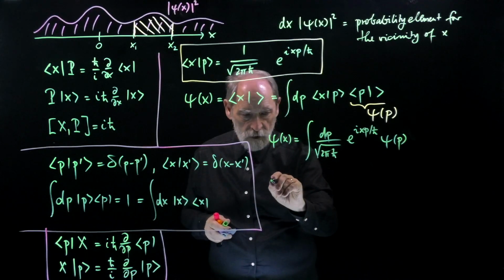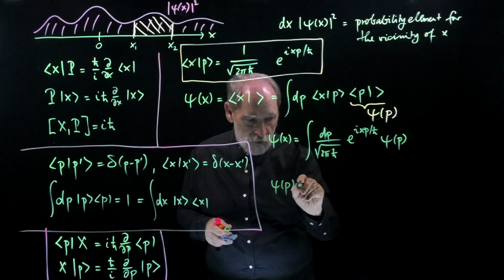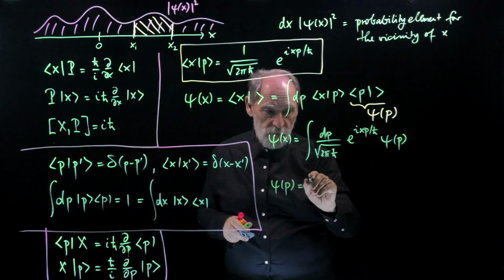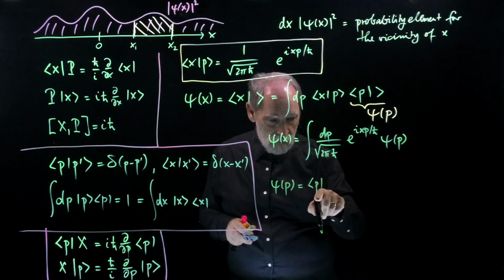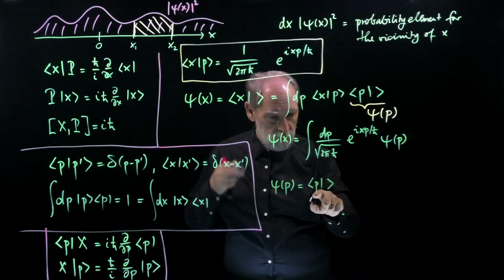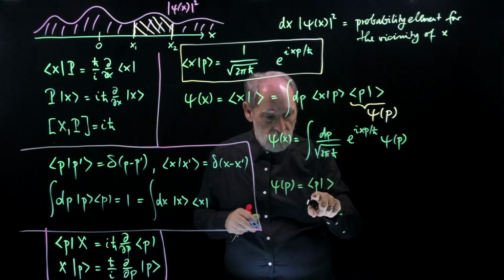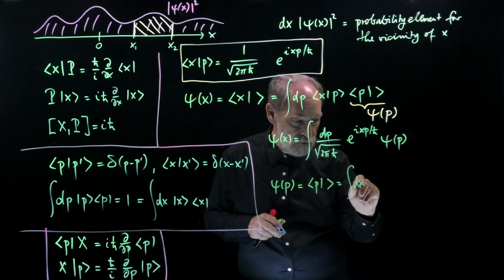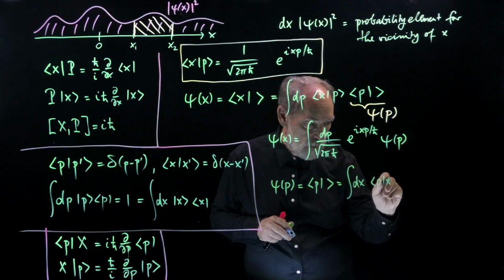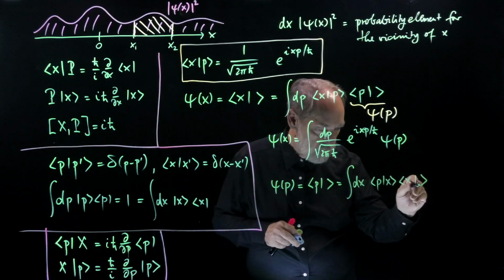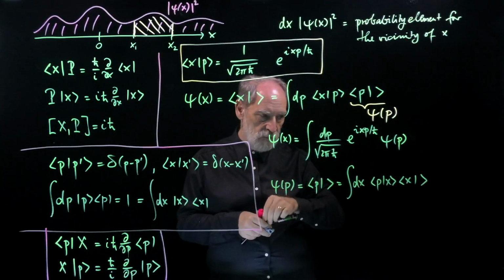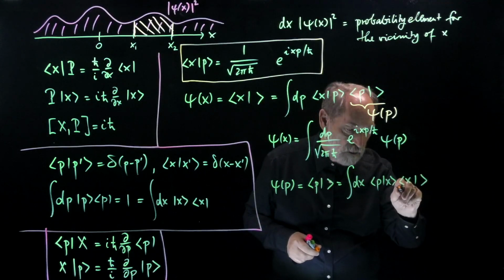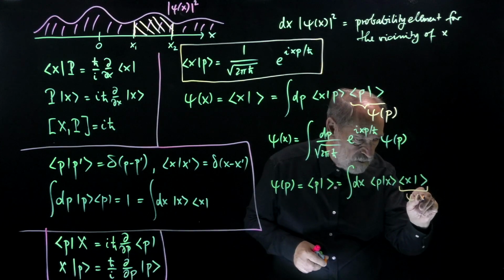And if we want to know the inverse of this statement, well, we start with psi of p, which is the bracket of the momentum bra and the state ket. Now we use the completeness of the position states, which introduces the position wave function psi of x.